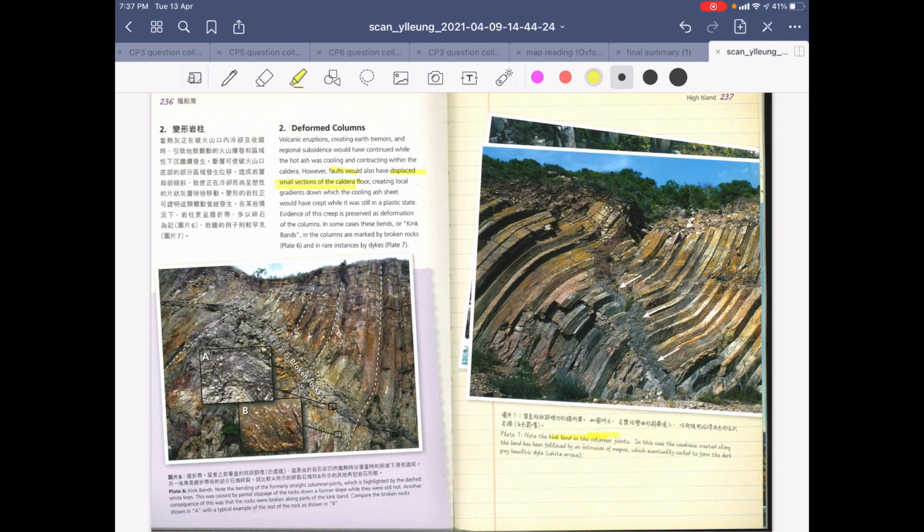But definitely this one is not folding, sorry, it's a kind of very slow movement. It's just a creep, which takes place in the magma or lava that has not yet totally cooled down and solidified, and is in a plastic state. So this is not folding.